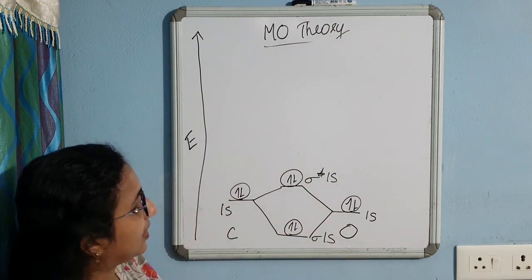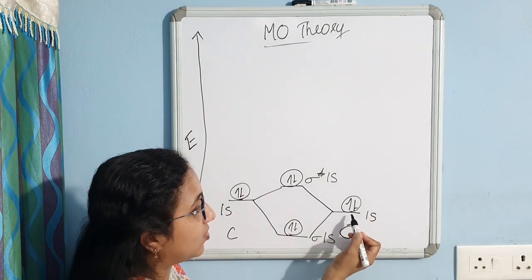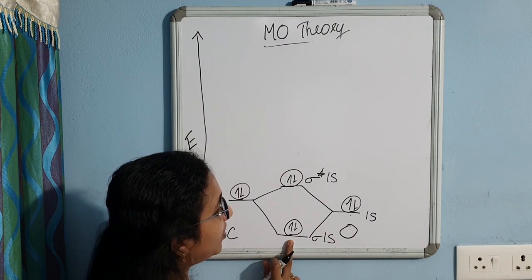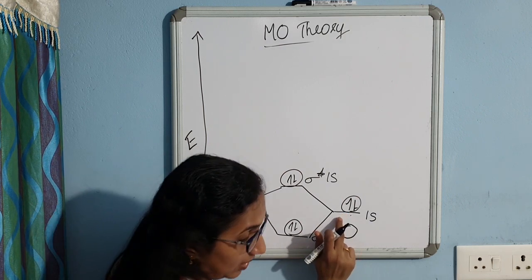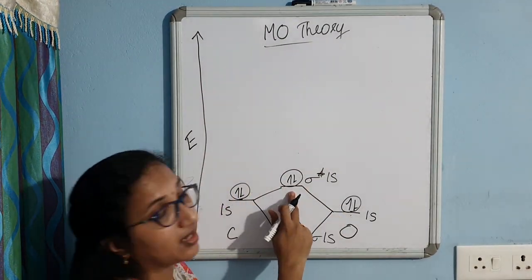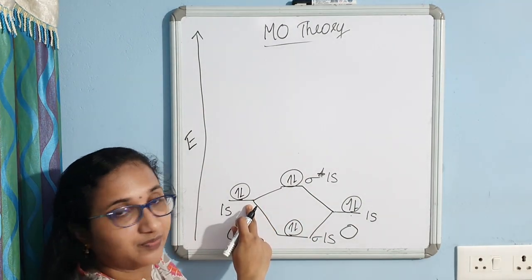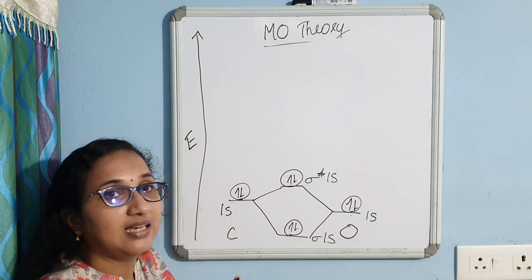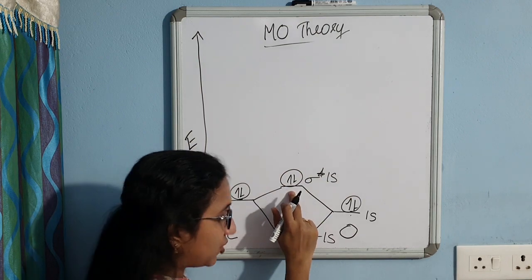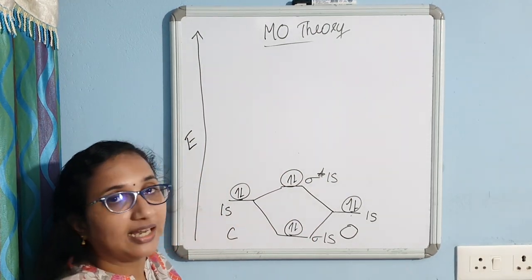From this we can see, since the oxygen atomic orbital is of lower energy, always the bonding molecular orbital will be closer to the more electronegative element atom, and the anti-bonding molecular orbital is closer to the less electronegative atom. That is because of the difference in the energies of the atomic orbitals. Their bonding orbital and anti-bonding orbitals are not equidistant from the corresponding atomic orbital.